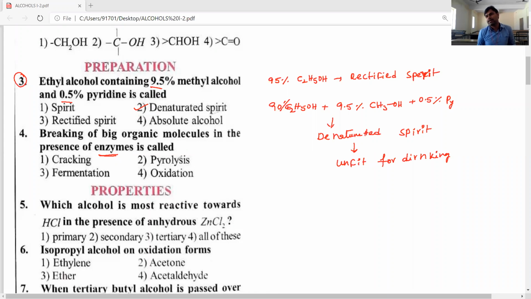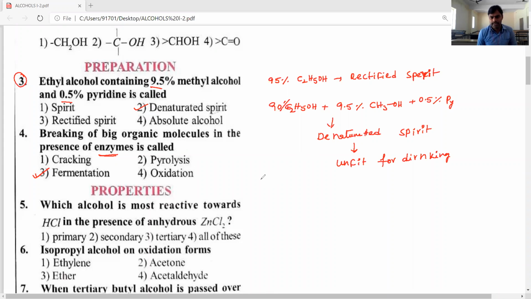The maltose, in the presence of maltase enzyme, is converted into glucose and fructose. The glucose and fructose, in the presence of zymase enzyme, are converted into ethyl alcohol. This is known as the fermentation process.